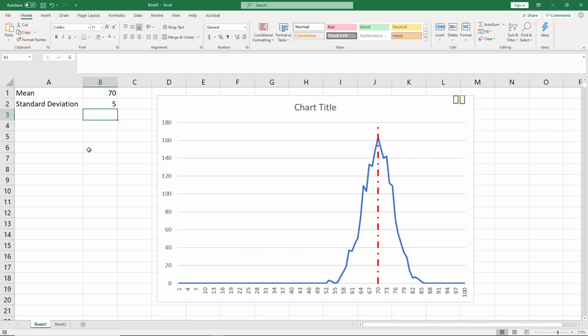I've used the red dashed line here to represent the mean. The mean is the same. Most of the data clusters around the mean, but now the tests are more variable. There's more high grades and there's more low grades. So now this data is more dispersed around the mean.